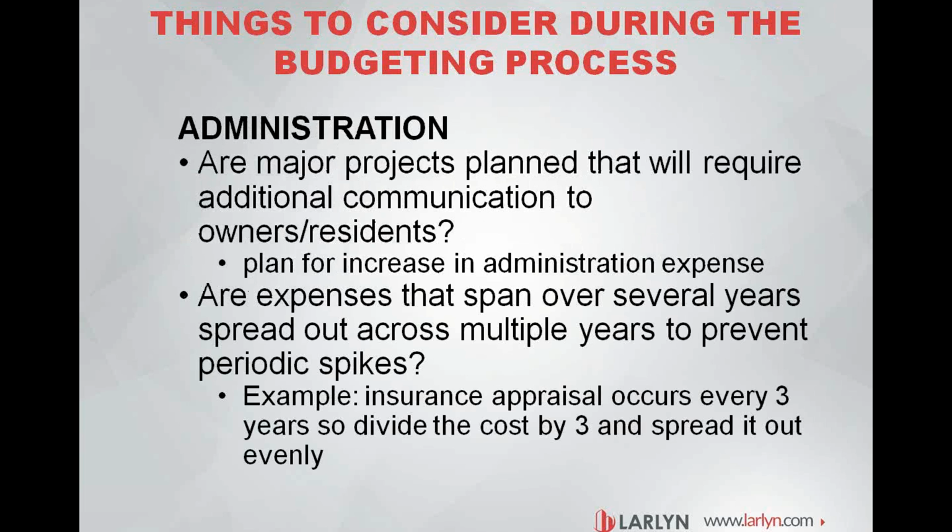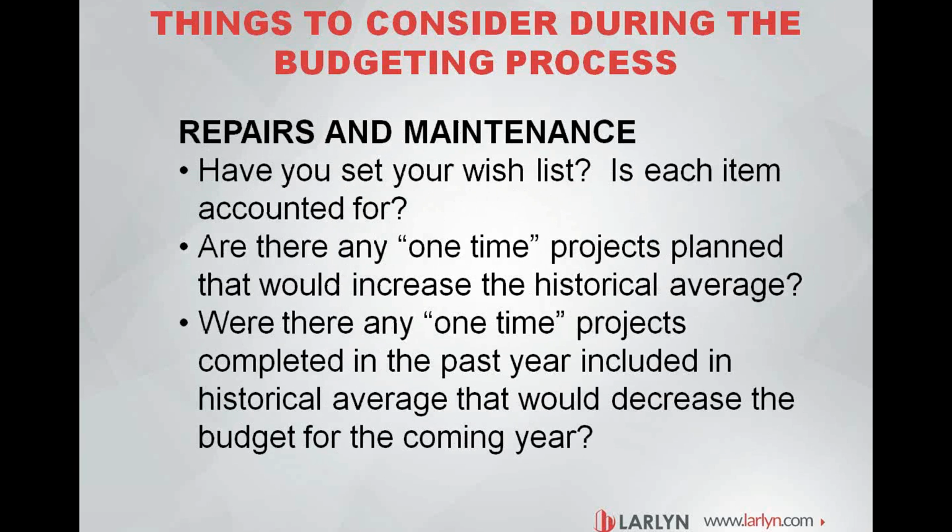In the case of a perilous loss, the cost to get this assessment done can be anywhere from $2,000 to $4,000. We do recommend that this get done every 3 years, but you can certainly span that expense over budgets over the next 3 years.